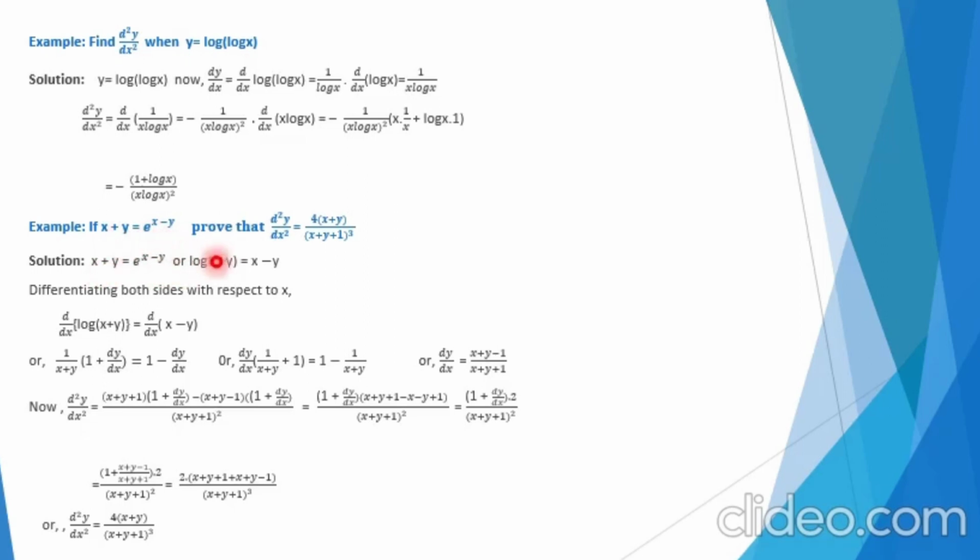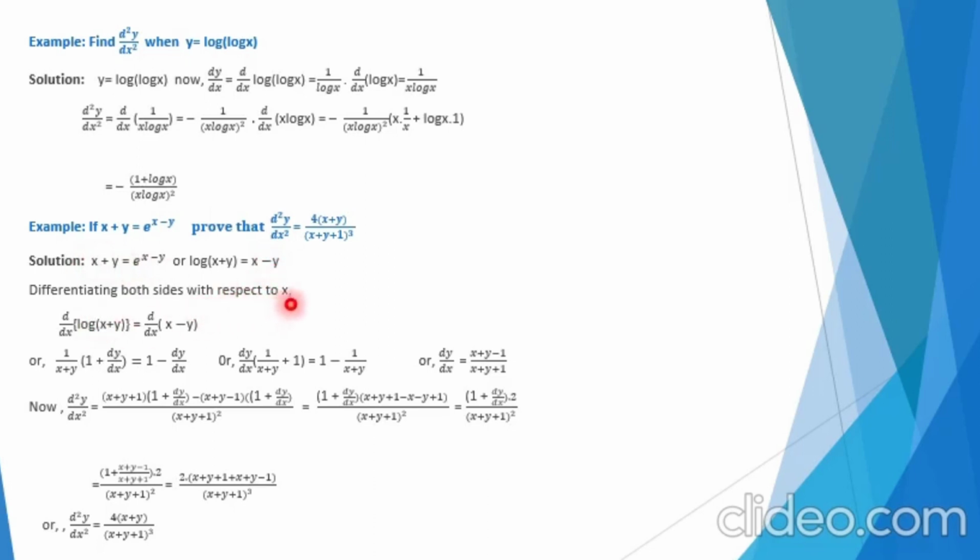To find d2y dx2, we have x plus y equals e to the power x minus y, taking log on both sides of this function, log of x plus y equals x minus y. That means we just converted this exponential form to logarithmic form.